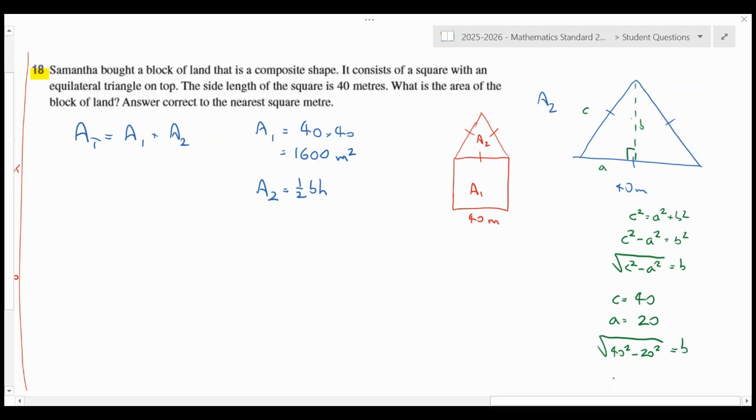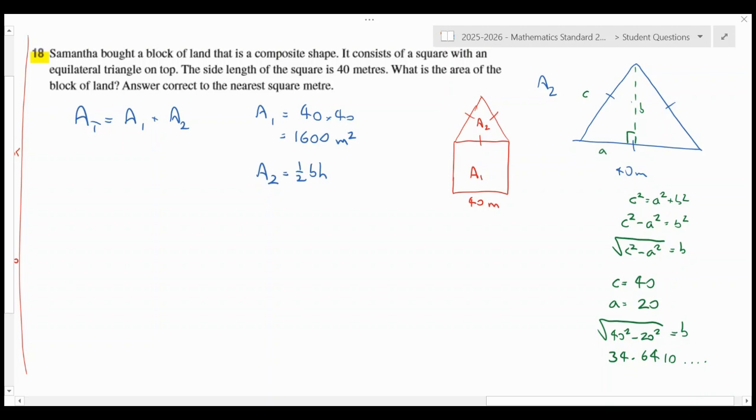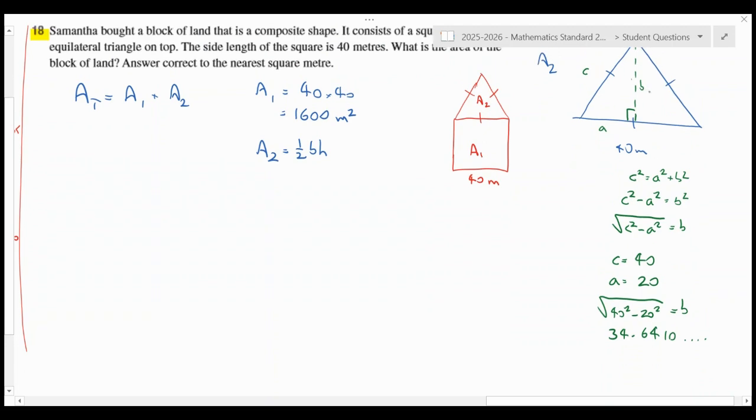I'll write 34.6410 dot dot dot because it keeps going on forever. That's where we're going to stop at the moment. That is now our height. So my base is 40, and my height, which we've just calculated, is 34.6410.